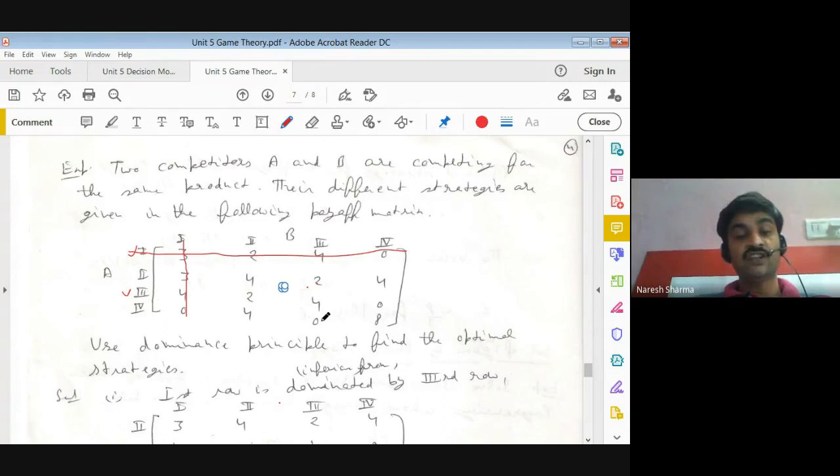We can check column wise. If you check column wise, this 4 is superior than this 2, but here not so. Similarly this 2 is inferior than this 4, but here this 4 is superior to this 0, so column wise is also not possible.